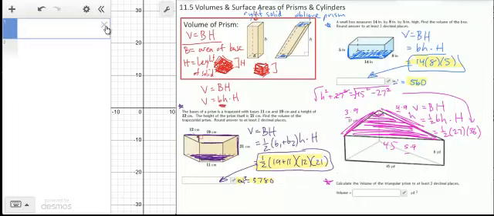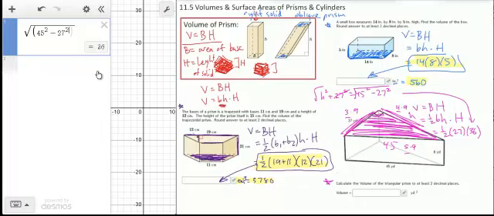So the height of our triangle, or the other leg of that right triangle, is 36, which is what we would get if we did the calculation, right? So if we took the square root of 45 squared minus 27 squared, notice it's 36. We get the same thing either way.